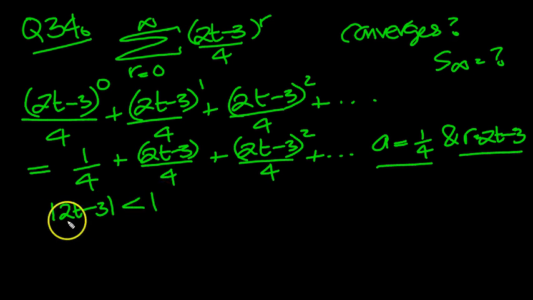Okay, so we've got this problem with moduli here. Well, what we can do is draw this as a graph, can't we? So I'm going to do a little sketch of that. 2t minus 3. If I draw this as a straight line, like y equals 2x minus 3, it's gradient 2, intercept minus 3. So I have this line here in my mind's eye, and there's minus 3.